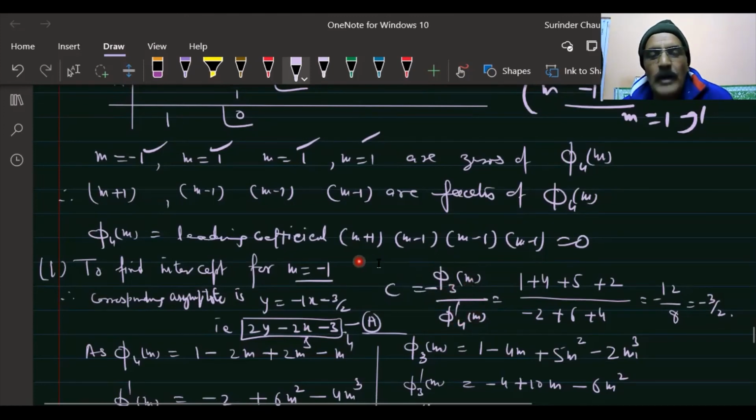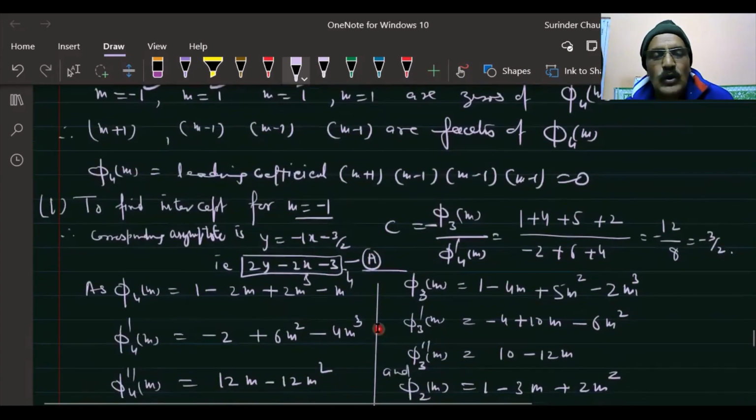Put m is equal to minus 1 and substitute phi 3 of m and phi 4 of m from here. We got c is minus 2 by 3. The corresponding asymptote will be, substitute the value minus 2 by 3 in y is equal to mx plus c, that is y is equal to minus x minus 2 by 3. Simplify that, we got this one.